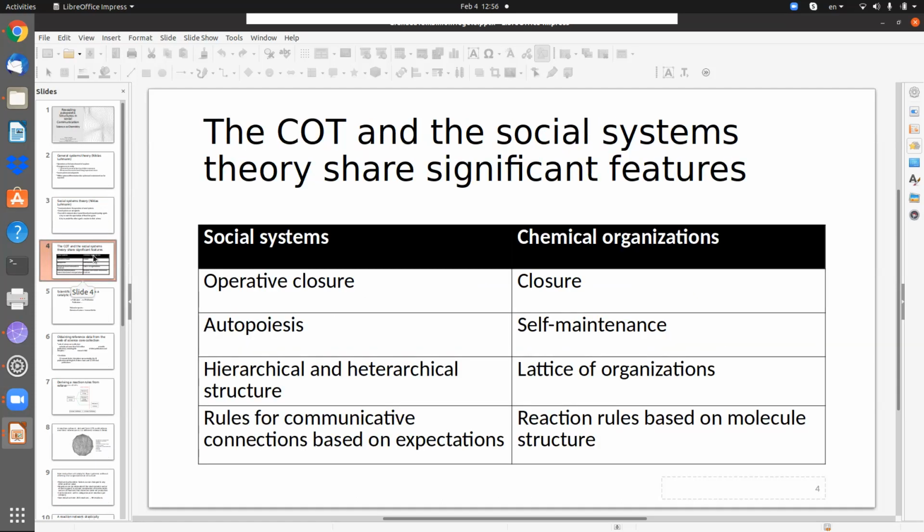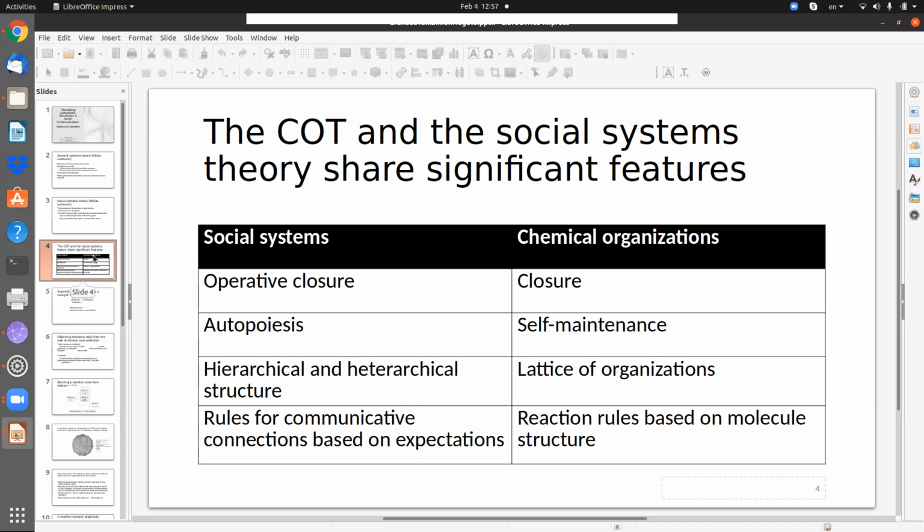Again, to have a direct comparison, in both the social systems theory and in the chemical organizations, we have some notion of closure. In social systems, we have autopoiesis, and in chemical organizations, we have self-maintenance.